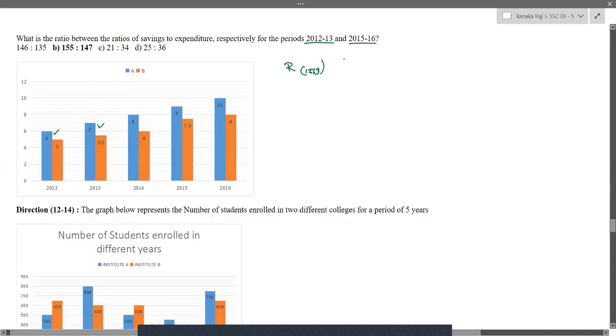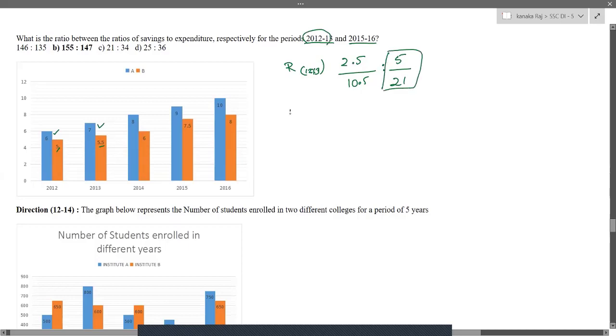So totally I'll be getting 2.5 lakhs as the savings. So what will be the expenditure? Expenditure for both will be 5 plus 5.5. That is nothing but 10.5. Now if I cancel this out by 5, what do I get? 5 times 5 is 25, 5 21 times is 105. So what will be my ratio of savings to expenditure for 2012 to 13? It is 5 is to 21.